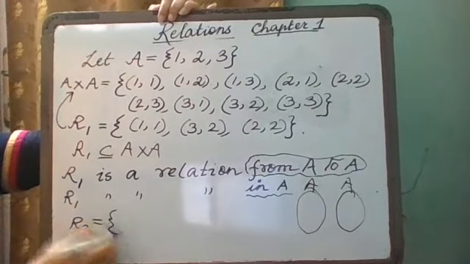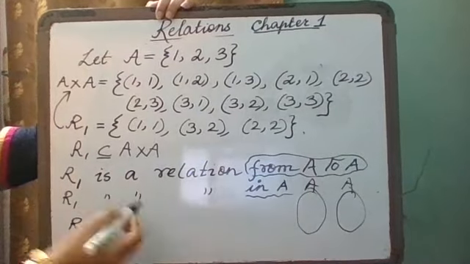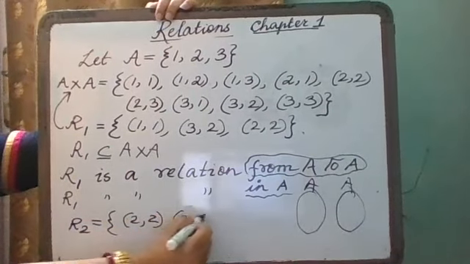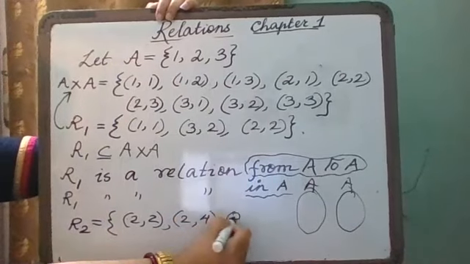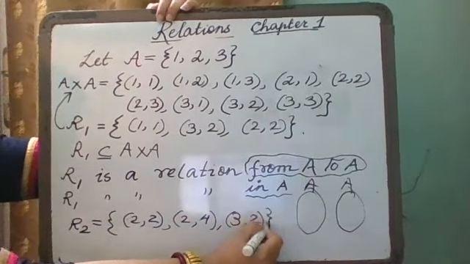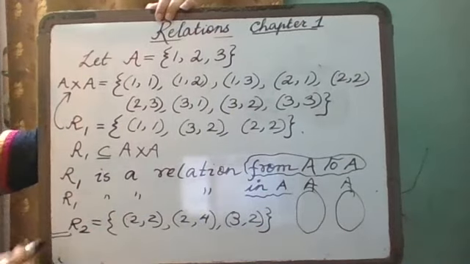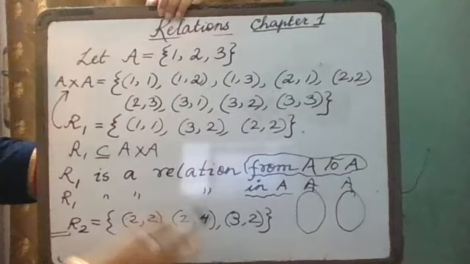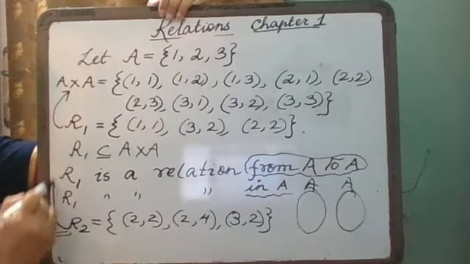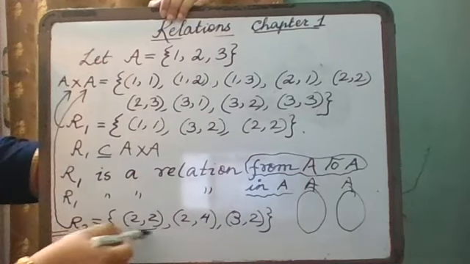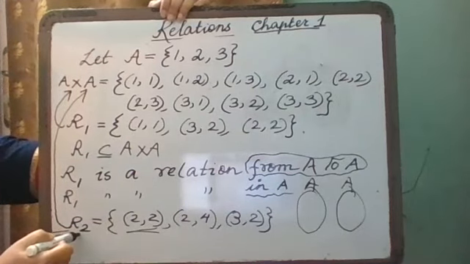Okay. Now suppose another set R2. I take another set R2, and I'm taking a few ordered pairs. Say suppose 2, 2, 2, 4, and one more I take, say 3, 2. Look at the set R2. I have taken 3 ordered pairs. Let me again compare this R2 with A cross A. 2, 2, yes, 2, 2 is present in R2.